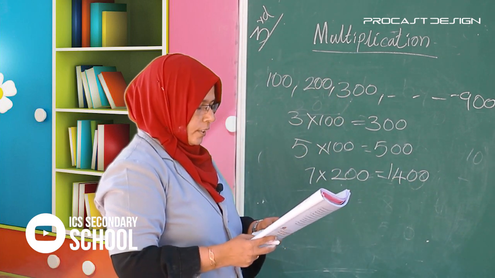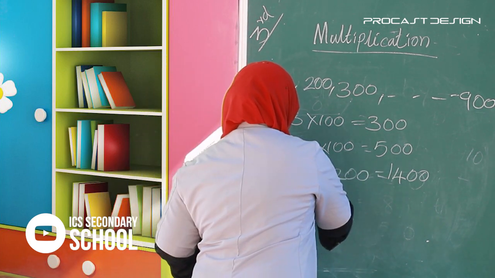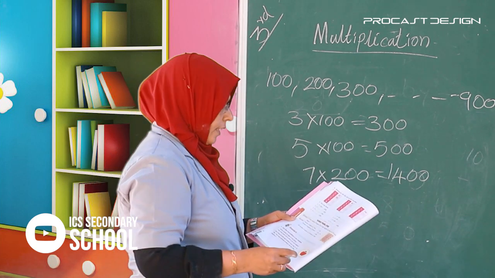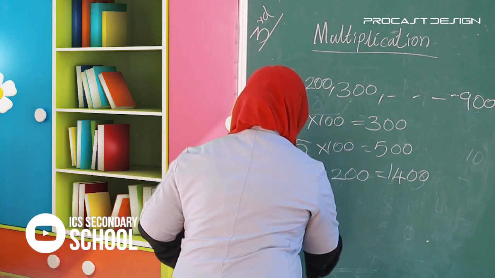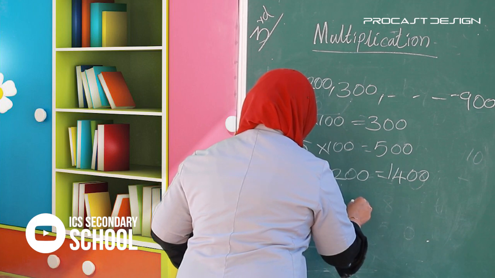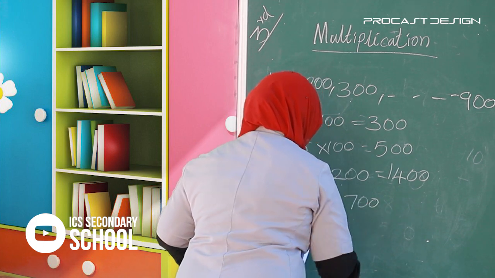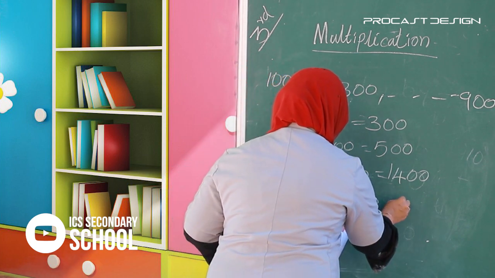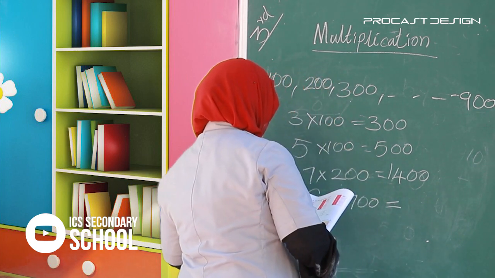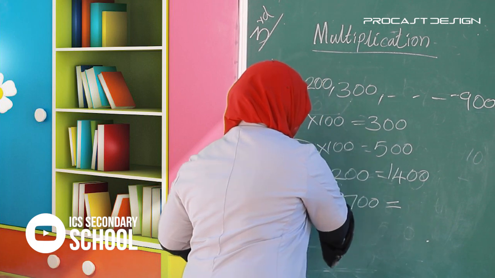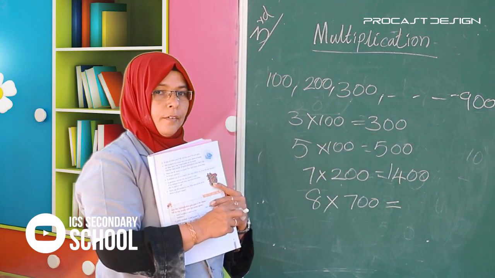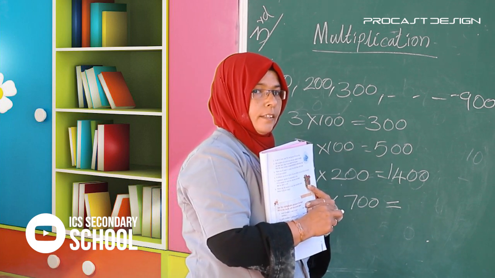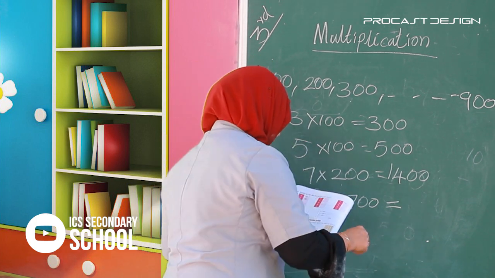Okay, so we write all numbers in this way. 8 into 700 equal 8 into 7, 56.